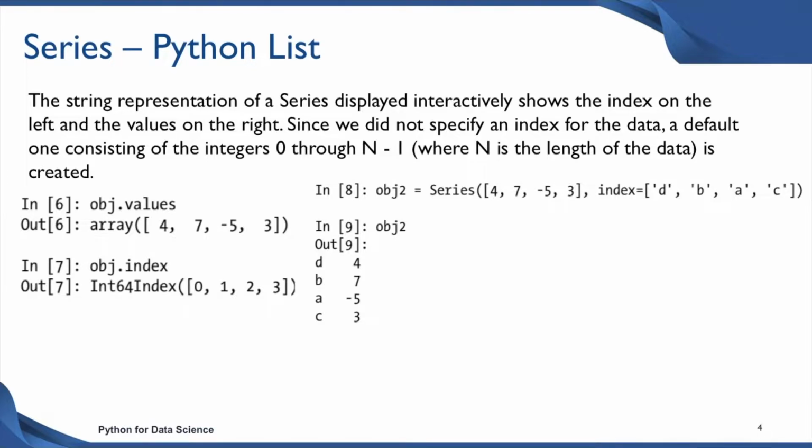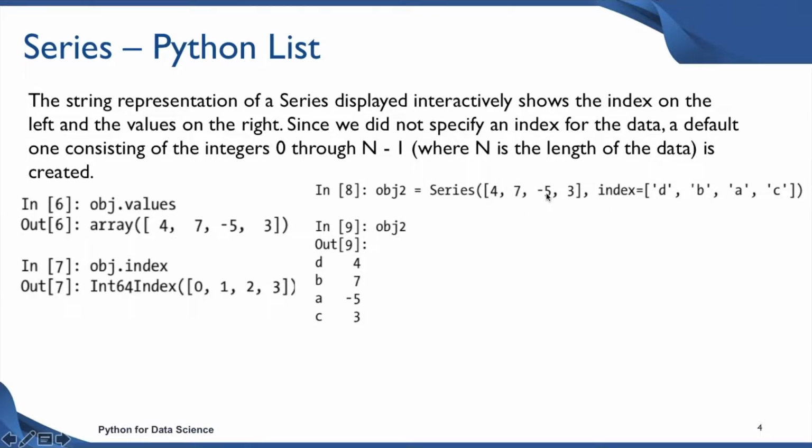Okay. So in the previous example, the index was only the default index ranging from 0 to length minus 1, right? But if you want to have a user defined index, then you can specify that attribute in the series object, right? So basically we are trying to create a series object, and in the parentheses we are giving the parameters.